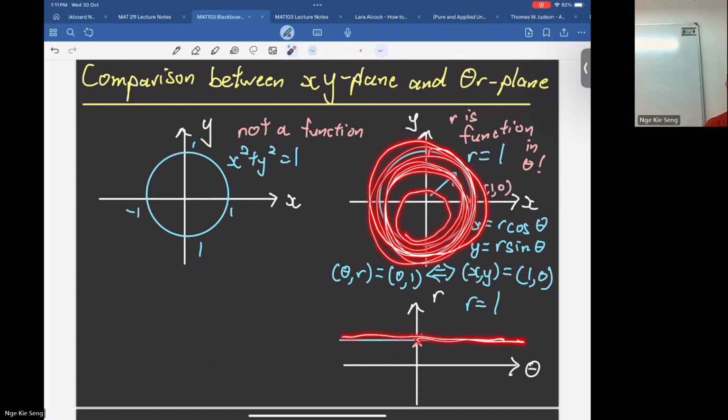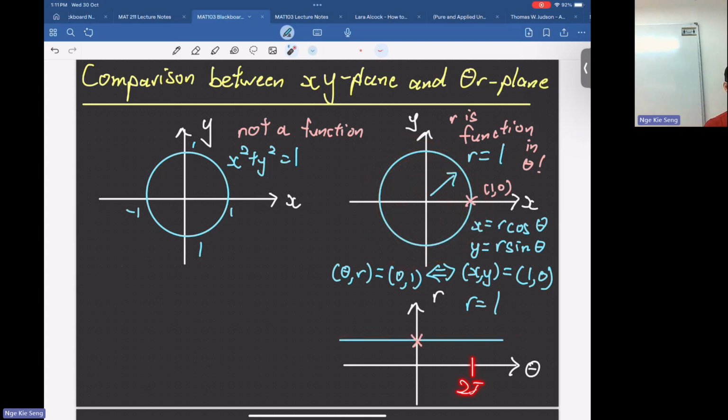Correct or not? Because at 2 pi you already wrap once, and then 4 pi, 6 pi, 8 pi, and so on. Okay, infinitely many times. Any questions so far?